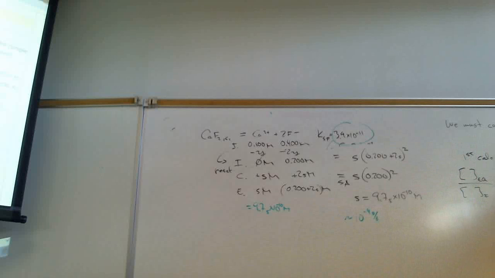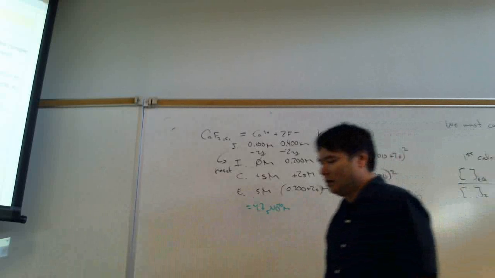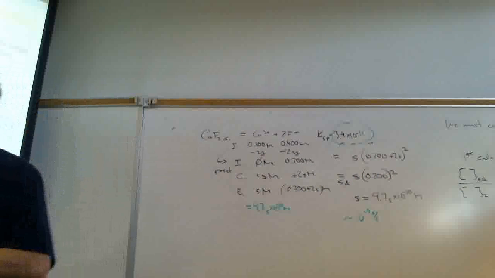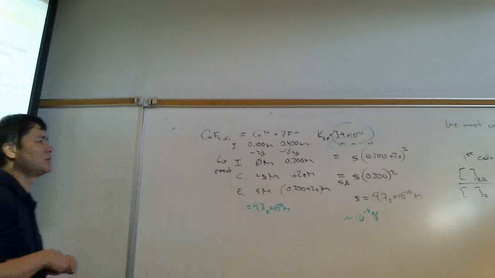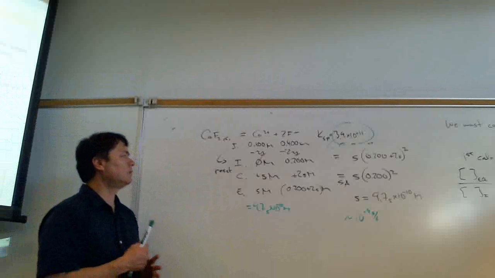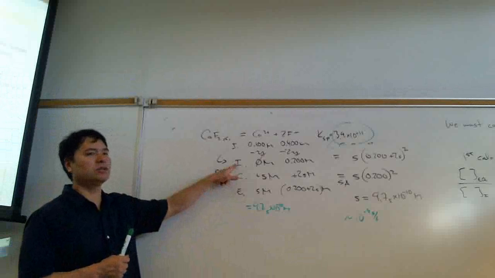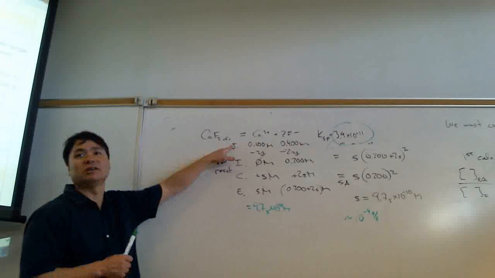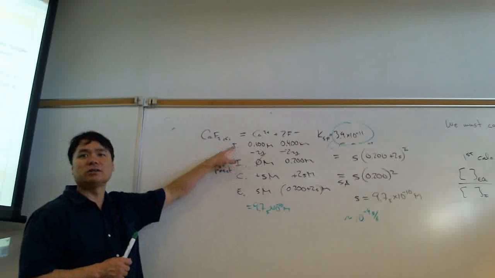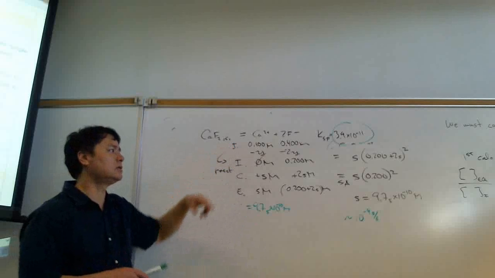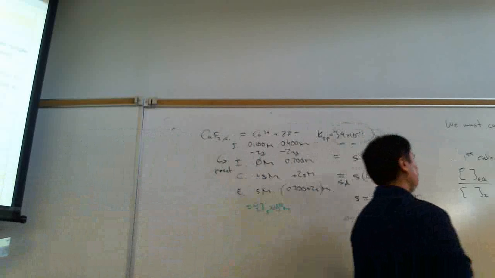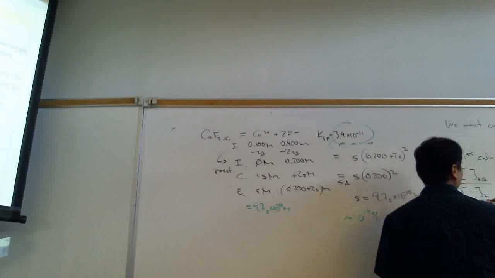This initial is tricky because we have two initials. Which initial should we use? If we're looking at the percent remaining, should we use the reset initial or the initial initial? We have to use the initial initial. We can't use the reset. So we'll call this the initial initial, not reset.